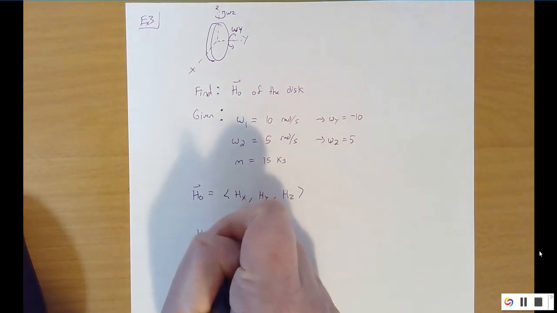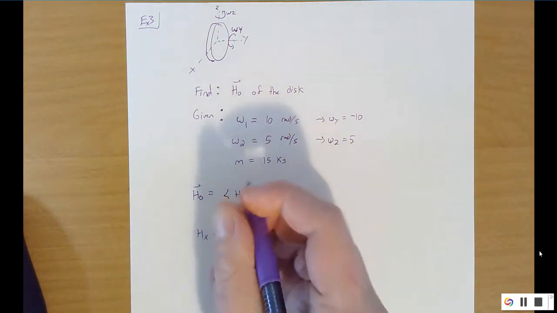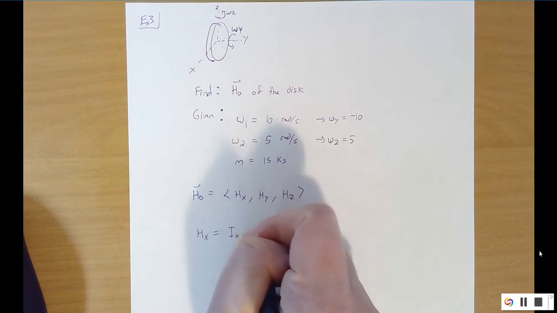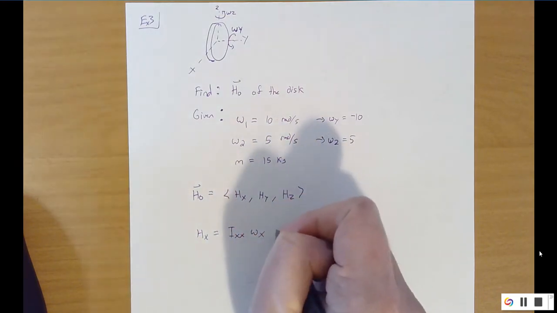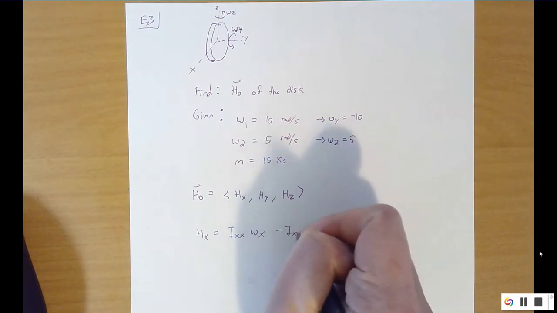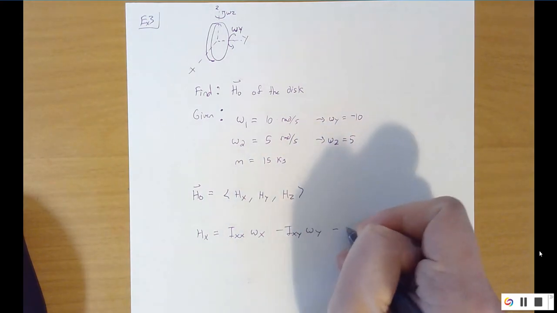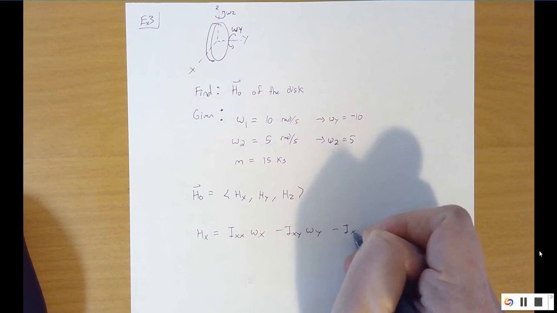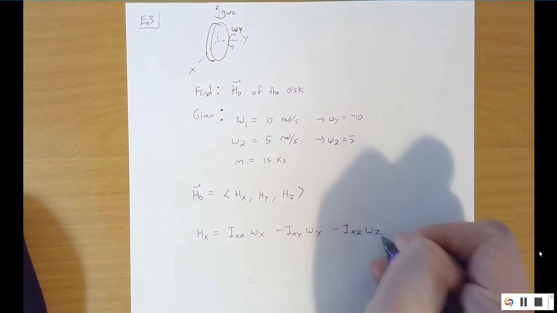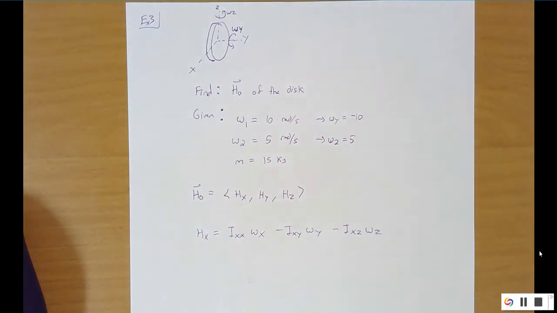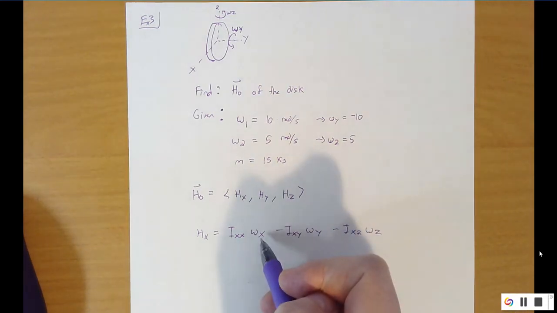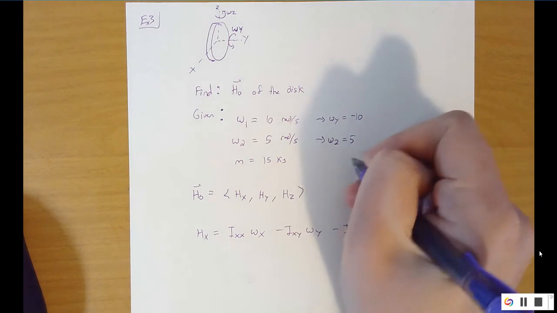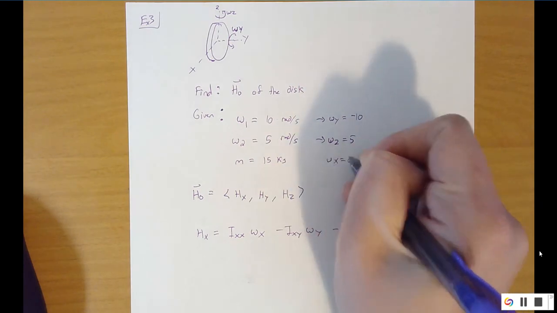So Hx has the form Ixx omega x minus Ixy omega y minus Ixz omega z. So I have omega y, I have omega z. Omega x is 0, just so you know. So this term is going to zero out.